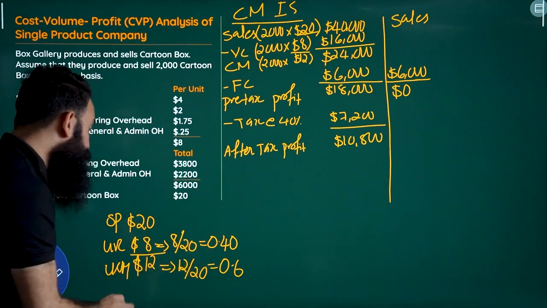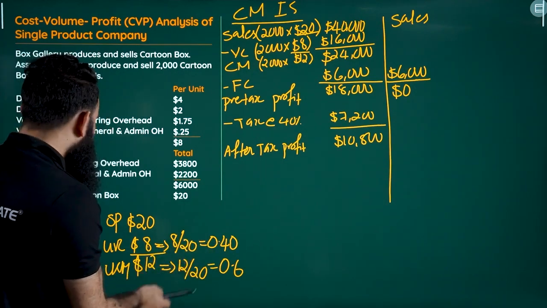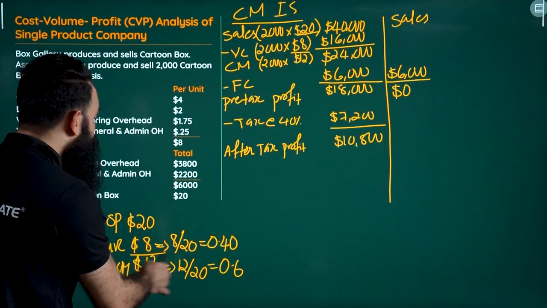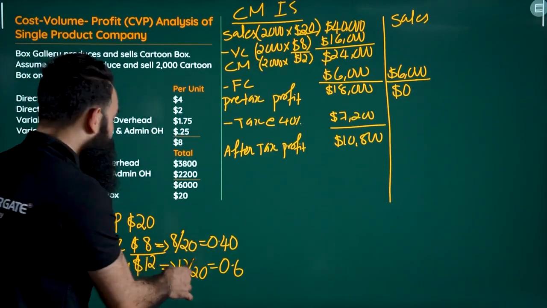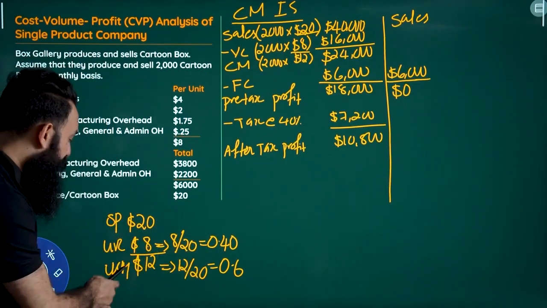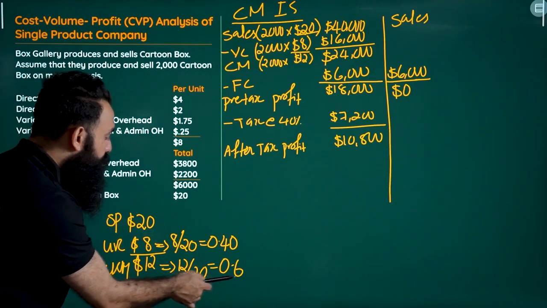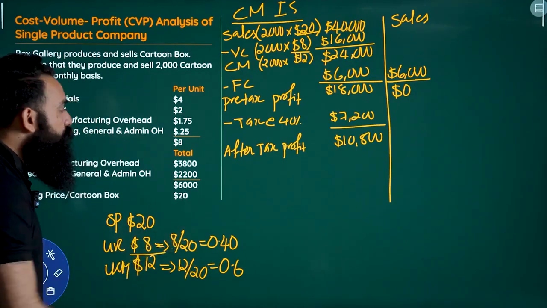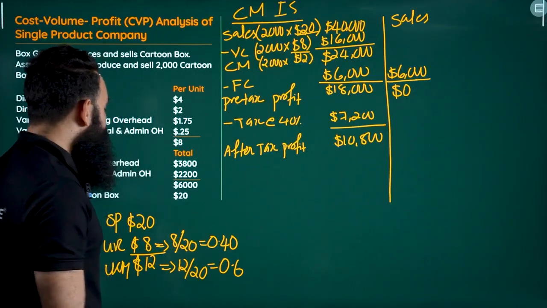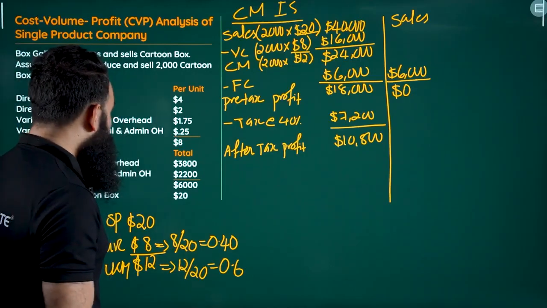What does ratio mean? How much percentage of sales belongs to variable cost? That is variable cost ratio. And how much percentage of sales belongs to contribution margin, right? That is contribution margin ratio.